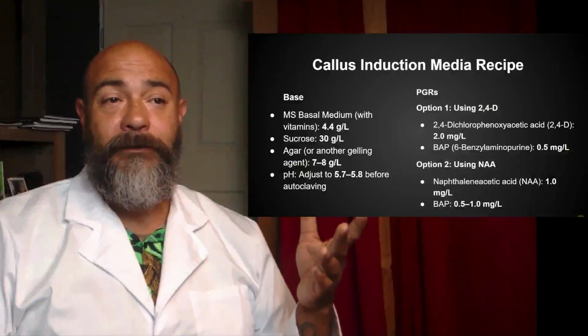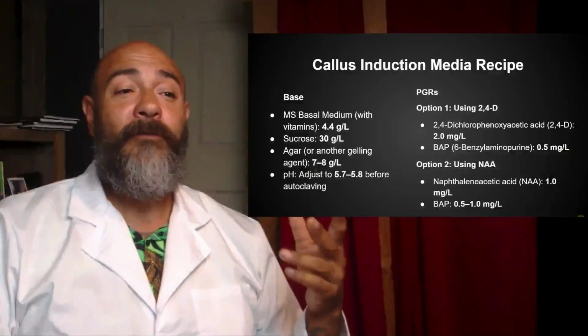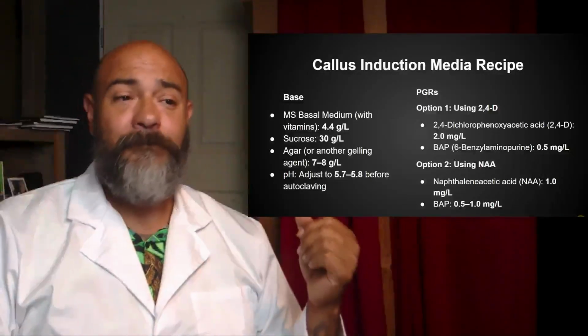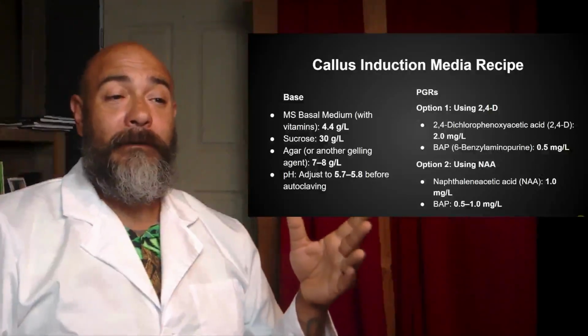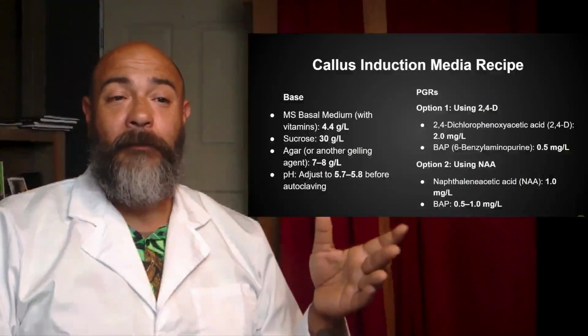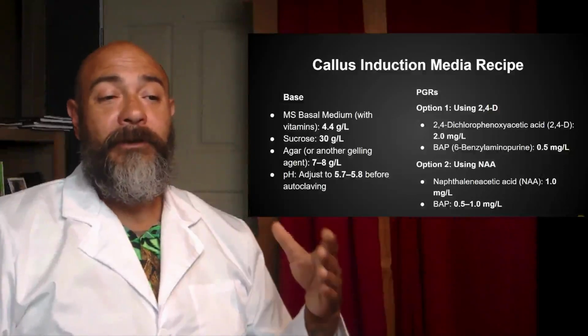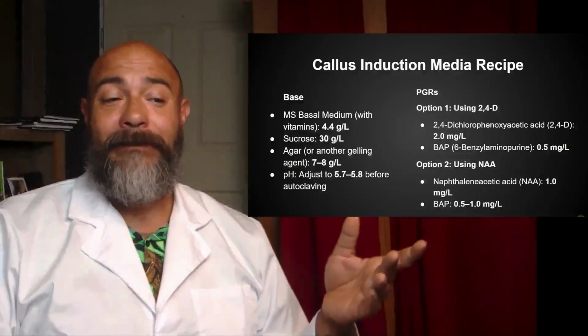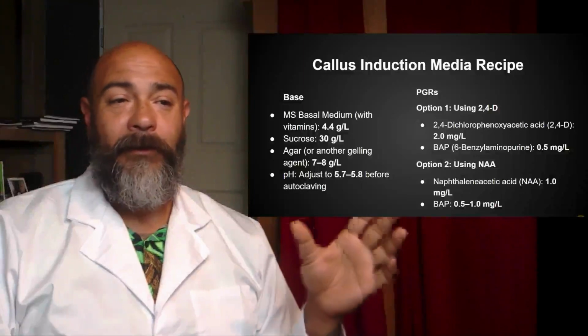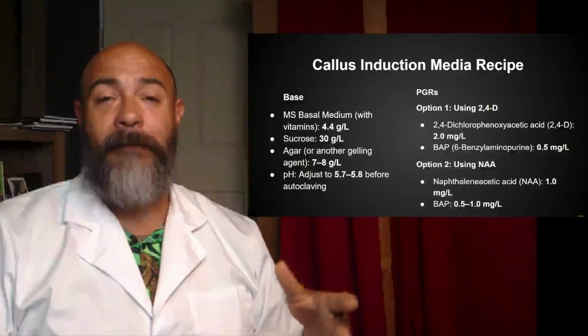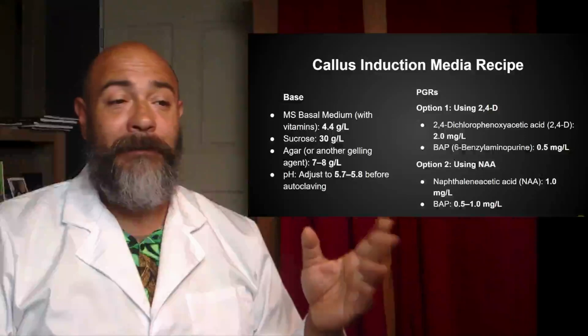You could either use 2,4-D, which is 2,4-dichlorophenoxyacetic acid, in combination with benzylamino-purine, or you can use naphthalene acetic acid in combination with benzylamino-purine. Those are two fantastic combinations that I've used many, many times to make it work.